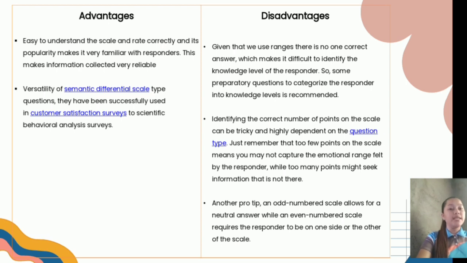And lastly, another pro tip: an odd-numbered scale allows for a neutral answer, while an even-numbered scale requires the responder to be on one side or the other of the scale. So, those are the advantages and disadvantages of the semantic differential. Now, let us proceed to the next.